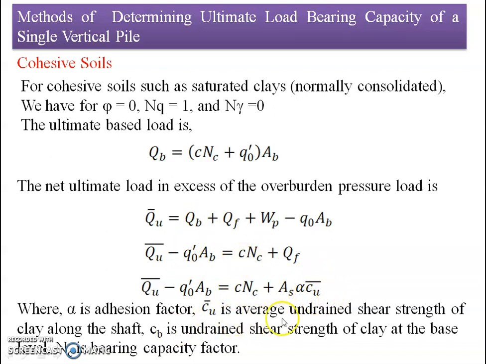So here Cu bar is the average undrained shear strength of the clay along the shaft, and alpha is the adhesion coefficient. The adhesion coefficient depends upon the nature of the soil. Depending on whether the clay is loose or dense, it will have more or less adhesion, and this decides whether the adhesion factor is higher or lower along the side.